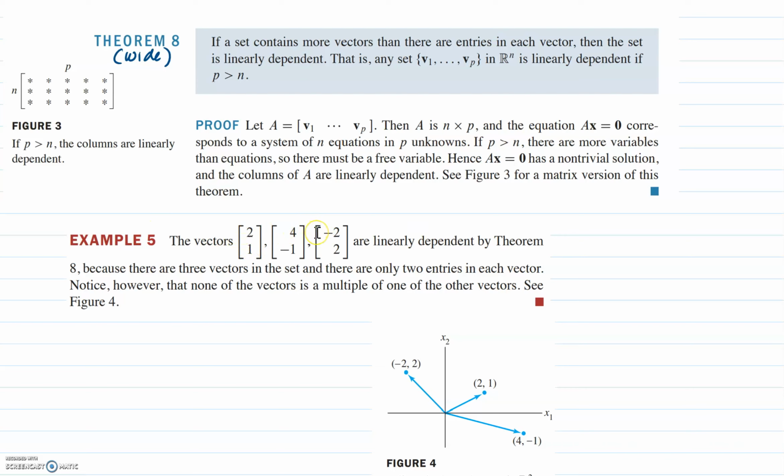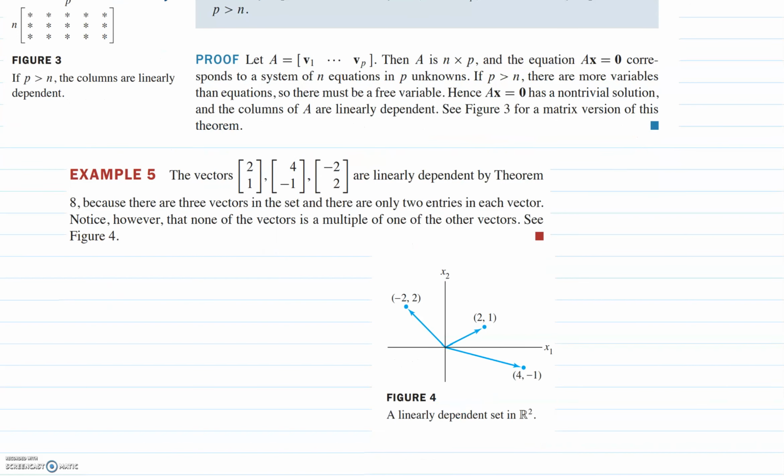And it looks wide, as you can see, because there are 3 vectors in the set, and only 2 entries in each vector. Notice, however, that none of the vectors is a multiple of the other. But it is still dependent. There's a picture. These are dependent because we're in R2.